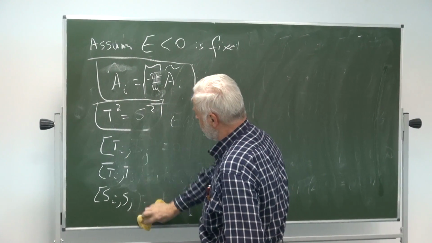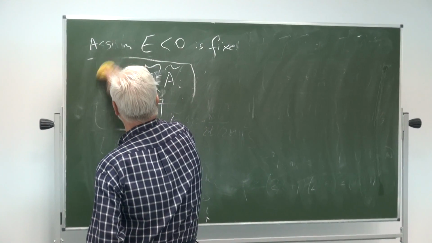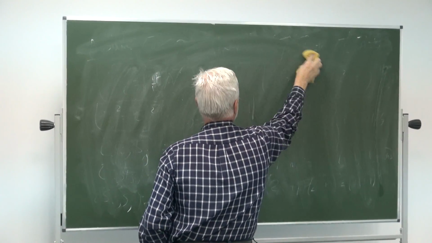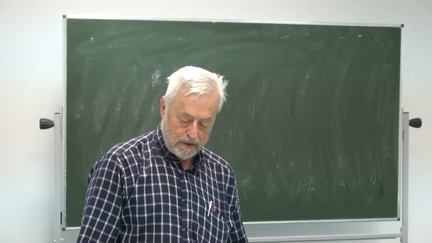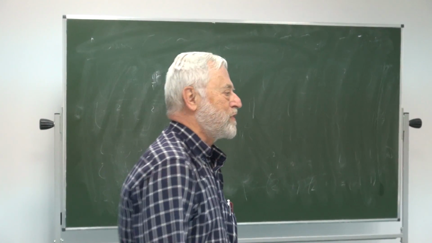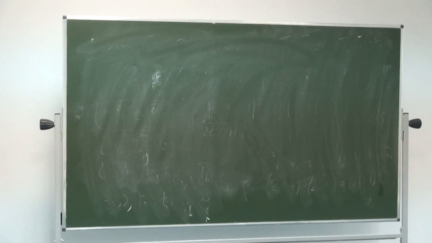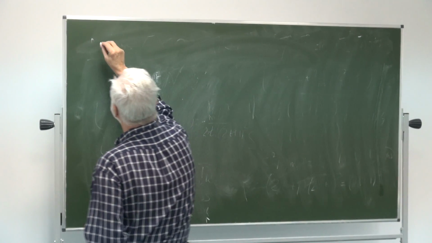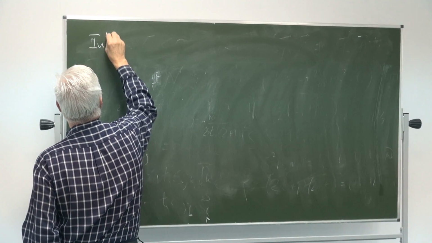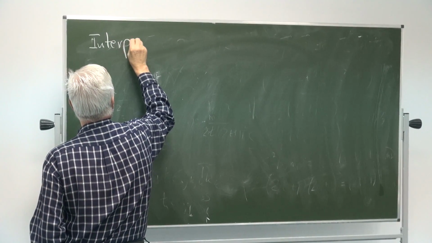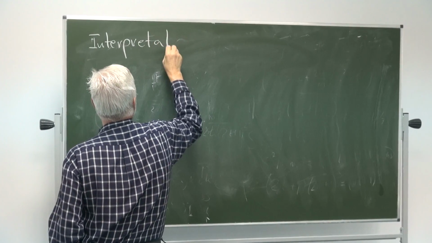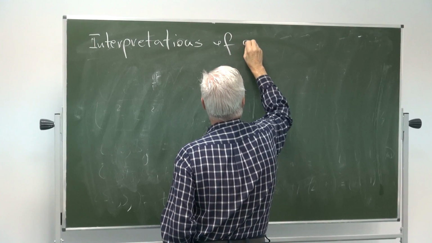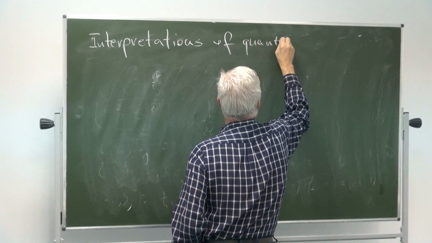And I now want to go to something that in my original lecture notes was sketched a bit earlier, namely to philosophy, that's a big word, to interpretations of quantum mechanics.